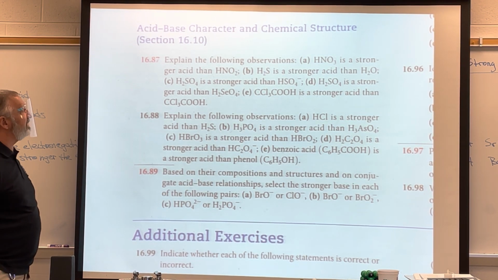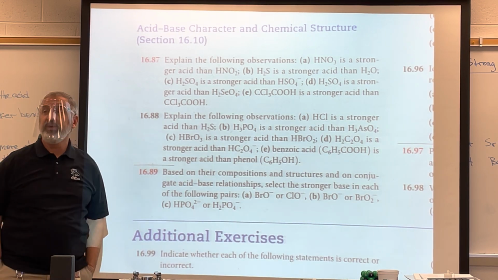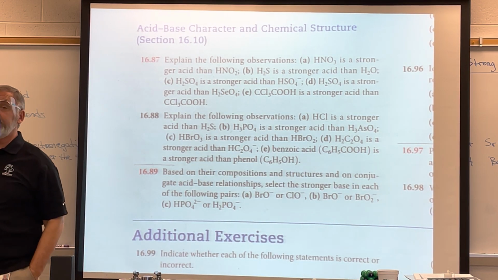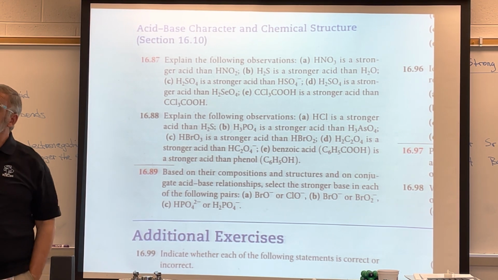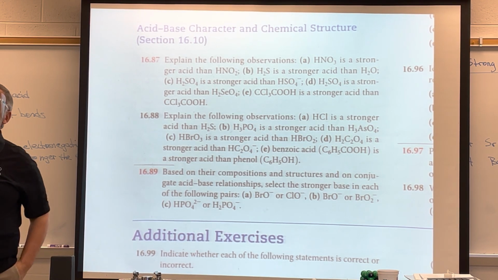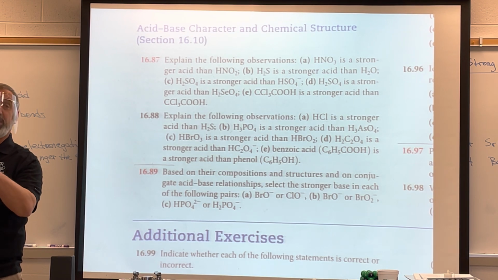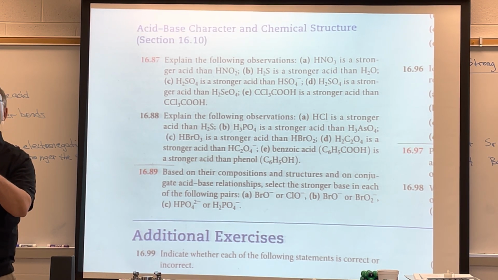H2SO4 is a stronger acid than H2SeO4. Who wants to take a crack at that one? Who's already answered several? Sulfur is more electronegative than selenium. So that makes the hydrogen more polar, but what do we call it? The hydrogen becomes more ionizable, but I'm looking for the phrase before that.